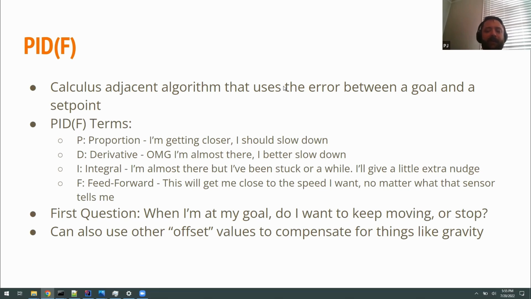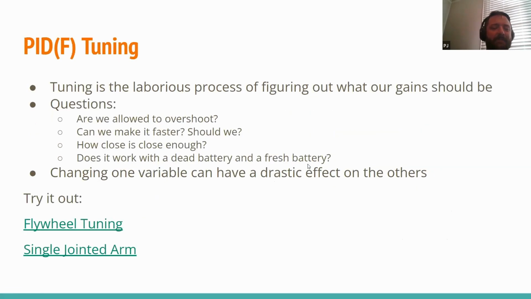So to work with things that are non-linear, like an elevator fighting gravity or an arm that does this, we have to compensate for that. Otherwise, it's super hard to tune them if you're not trying to make them linear. So if anybody also does mechanical stuff, try to use a pneumatic for this if you can.